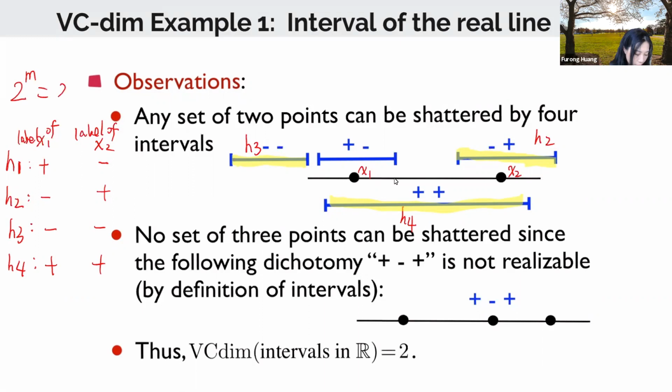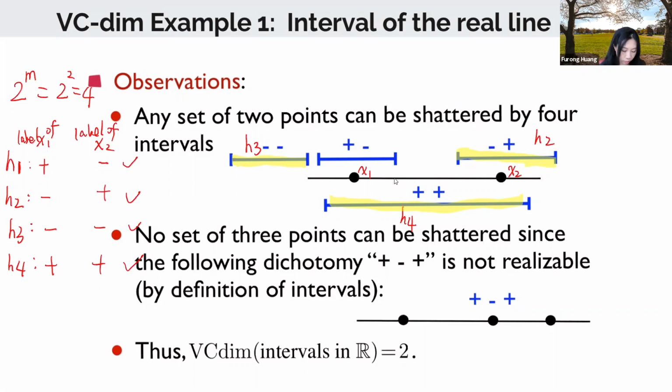Which is 2 to the 2, which is 4. So you can shatter all possible, so this is a shattering, right? You can cover all possible labels using your hypothesis class H.